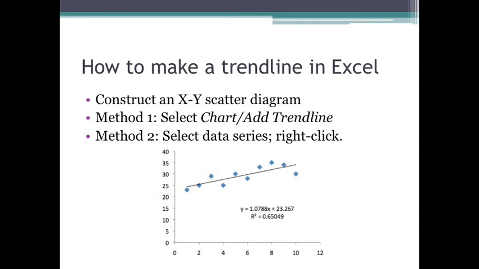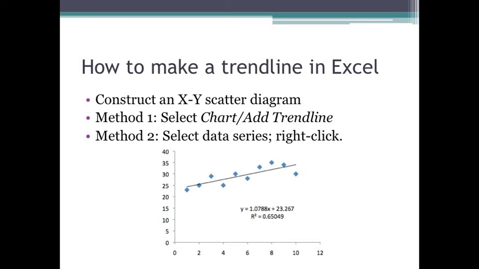Now, to make a trend line in Excel, the first thing you have to do is construct an XY scatter diagram. So you put your x and y values, y being the thing you're trying to forecast, like sales, like demand, and x in this case usually being time. And you construct an XY scatter diagram for that data. Once you have that, you can do one of two things.